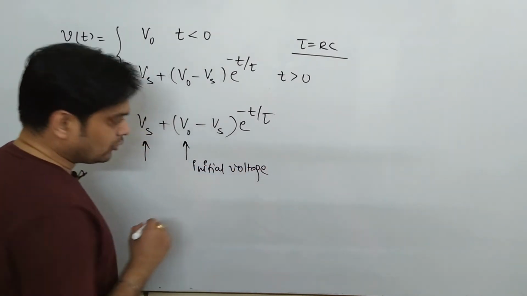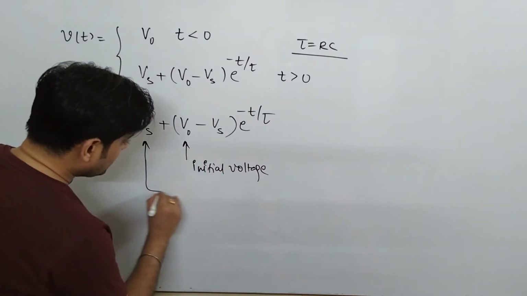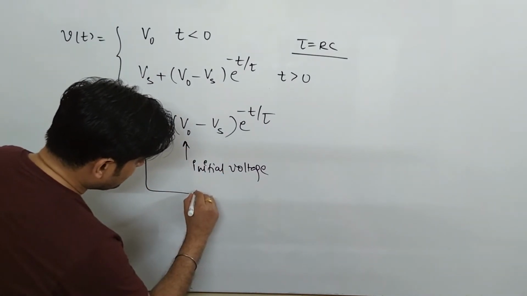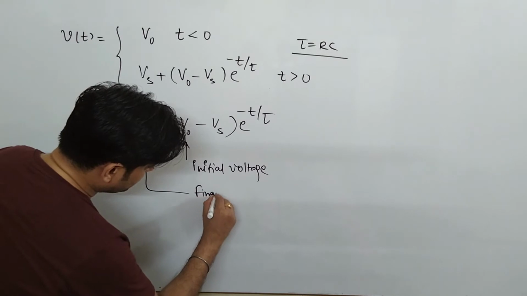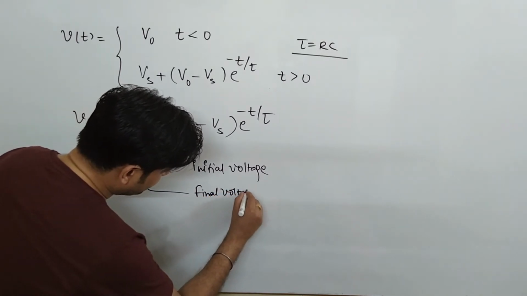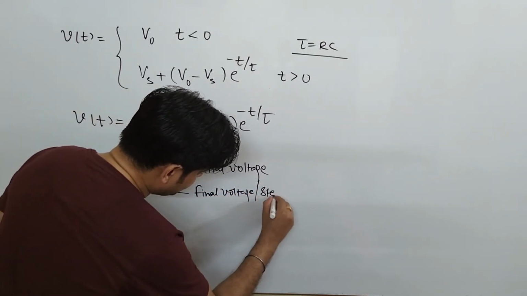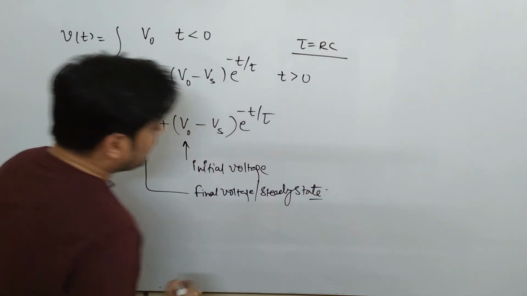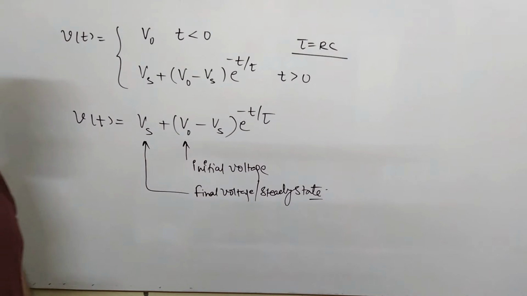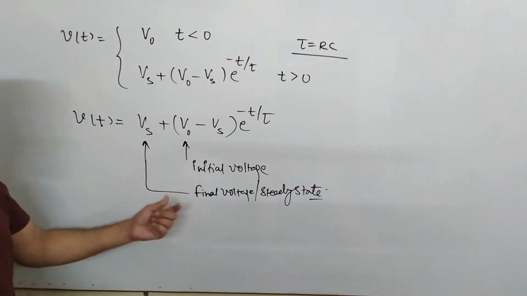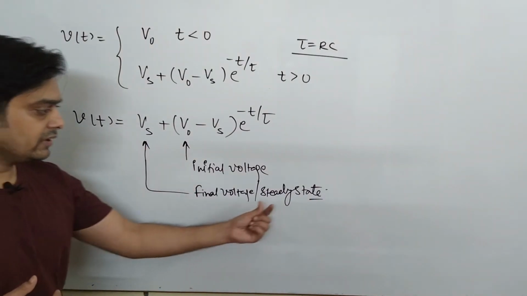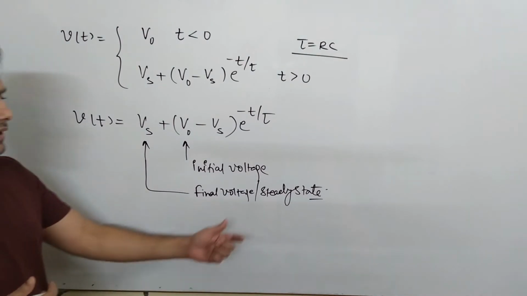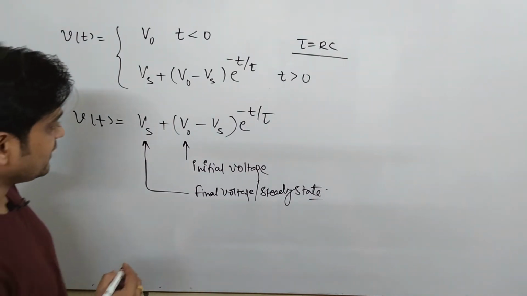And Vs you can say is your final voltage, or a steady state voltage. That means once the capacitor gets discharged, this voltage will remain in the circuit, so you can say it is a steady state voltage. We will see it by diagram also.